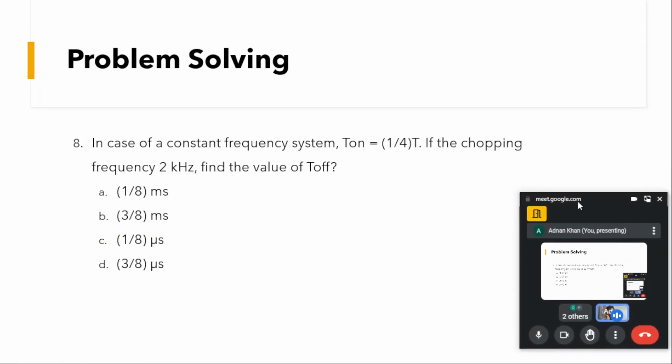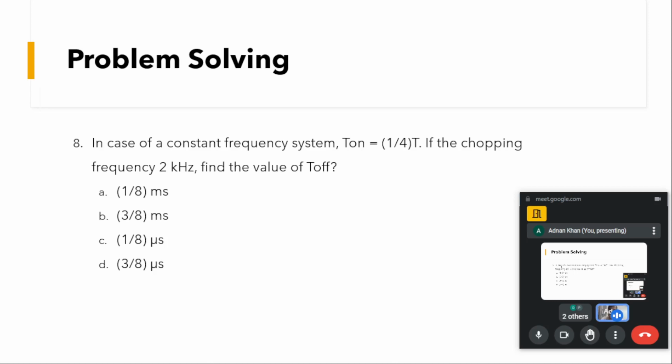Now coming to question 8, it is given that in case of a constant frequency system, T on is equal to 1 by 4 of T. If the chopping frequency is 2 kilohertz, find the value of T off. What is given here?